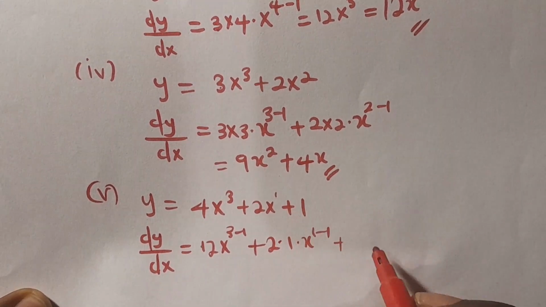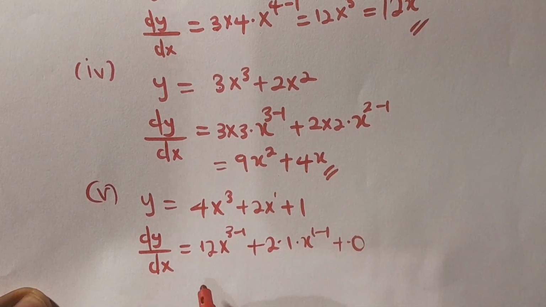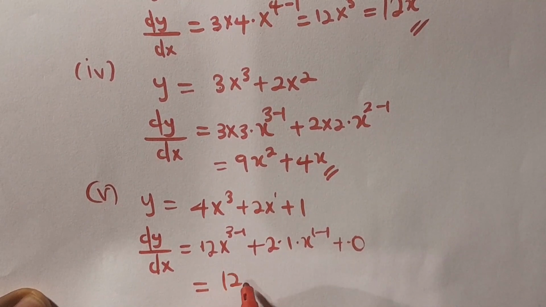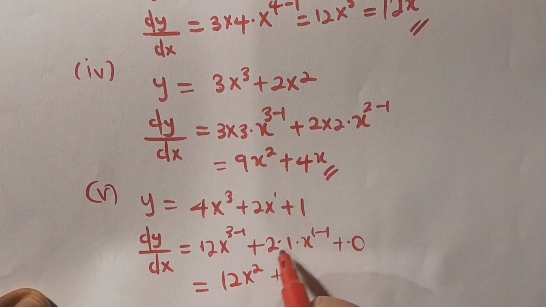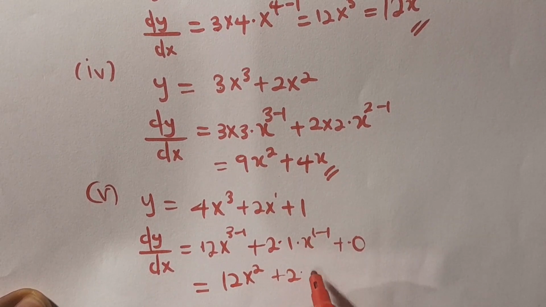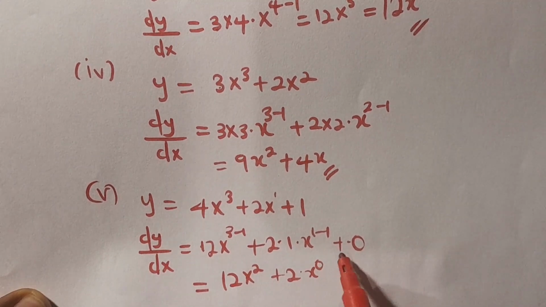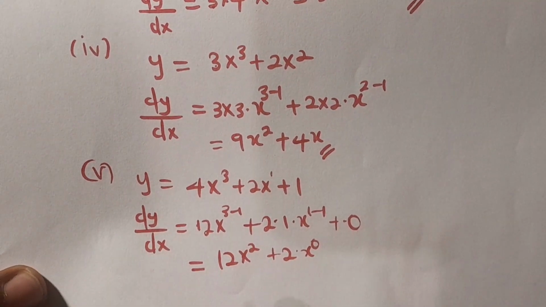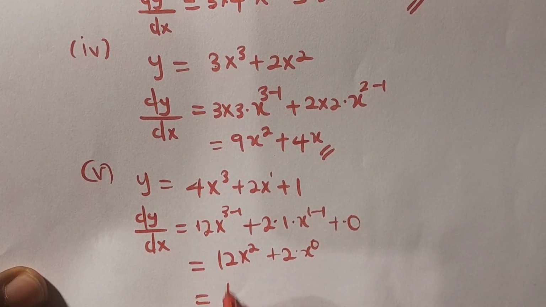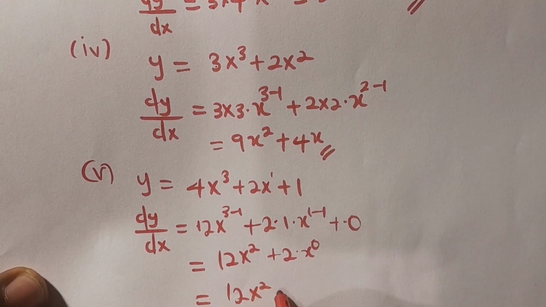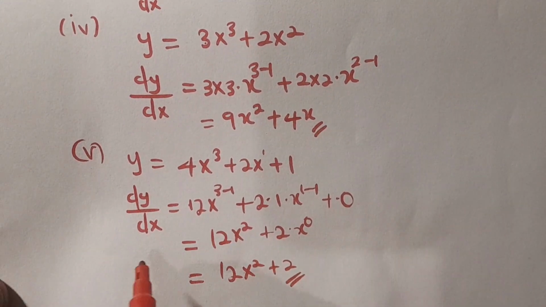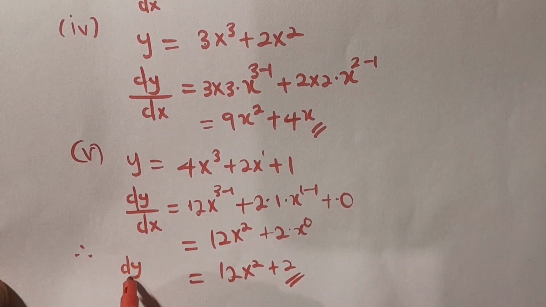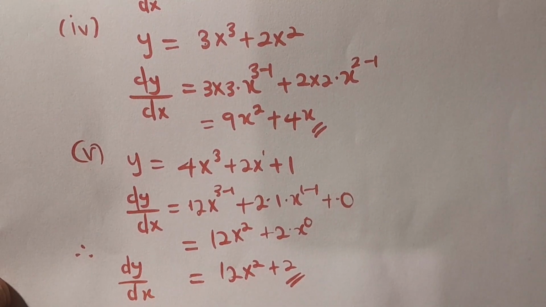the differentiation of any constant always equals 0. So we have this to be equals 12x squared plus 2 dot x, 1 minus 1 will be equal 0. We believe that this one is equivalent to 0. So from here we have 12x squared plus 2. So therefore dy dx equals this.